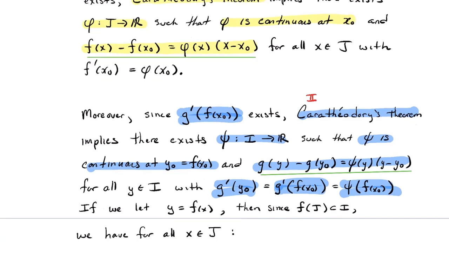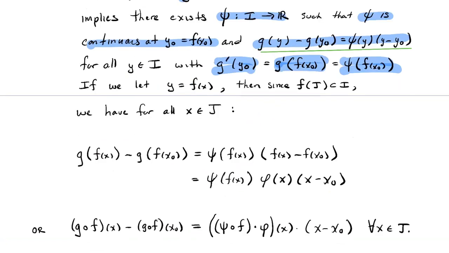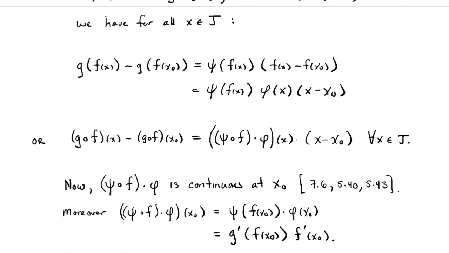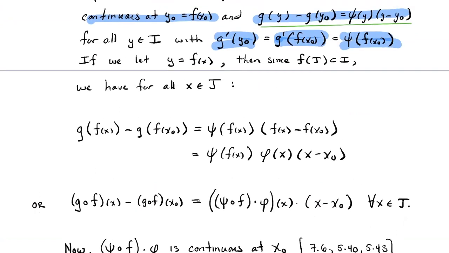Okay, now we're going to do a little bit of algebra and stitch that together. If we stitch all of that stuff together, you'll have to maybe go back in the video. I didn't fit it all on one screen here, but if we plug all that in, well, we said above in blue, I can try to use the same kind of highlighting scheme here. We said that g of y, well, I'm writing that as g of f of x, minus g of y naught, I'm writing that as g of f of x naught, was psi of y is f of x, times the change in y's.